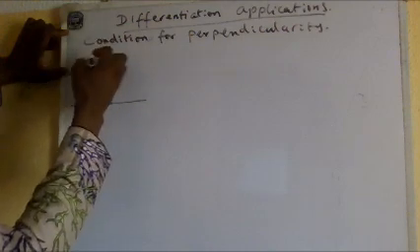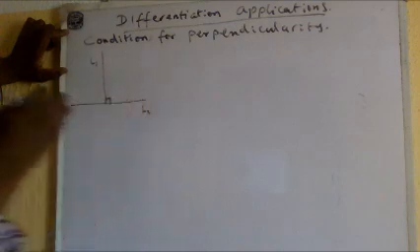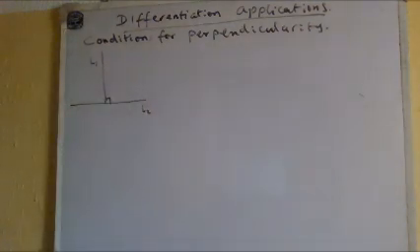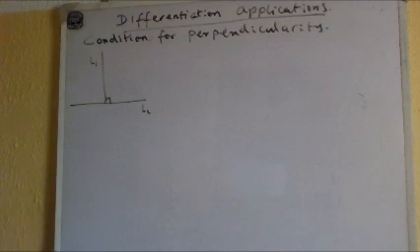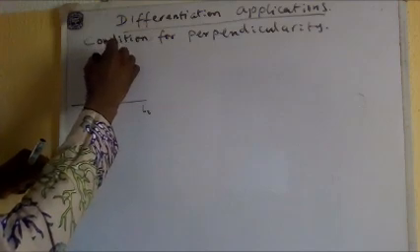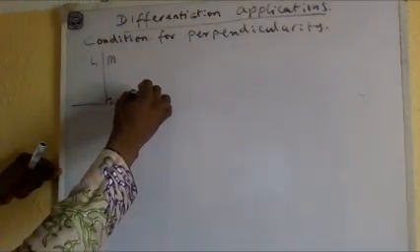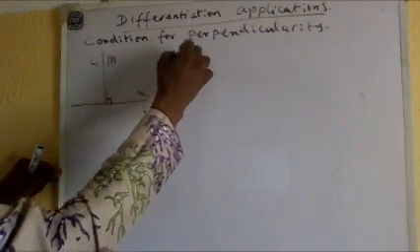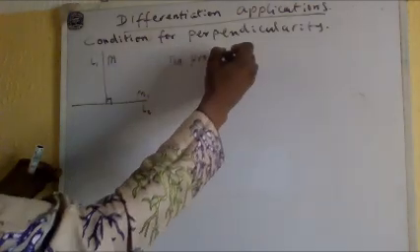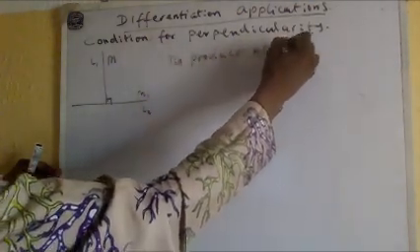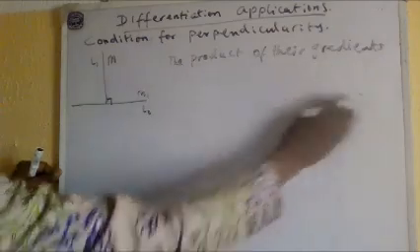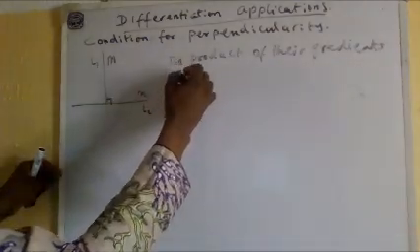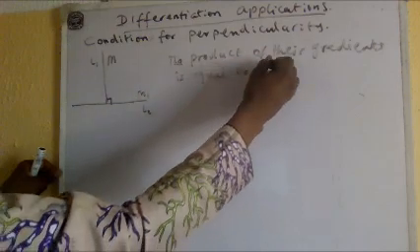So this is line 1, L1, and L2. The lines are perpendicular. For this to happen, understand, the product of their gradients, if the gradient of this one is m and this other one is m1, the product of their gradients of those two perpendicular lines is equal to -1.